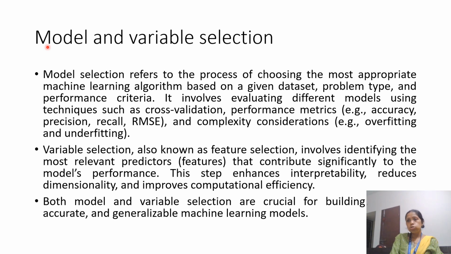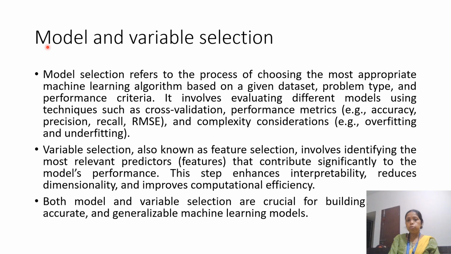Suppose you need to deal with something categorical, so your output y is categorical, either yes or no. Or suppose your output is a numerical value, 0, 1, 2, 3 like this. Based on the type of output and the requirement of the application, you need to select the algorithm.